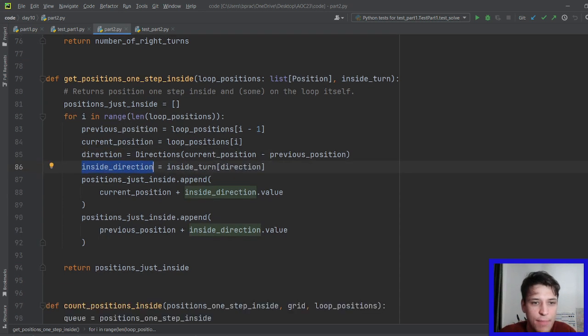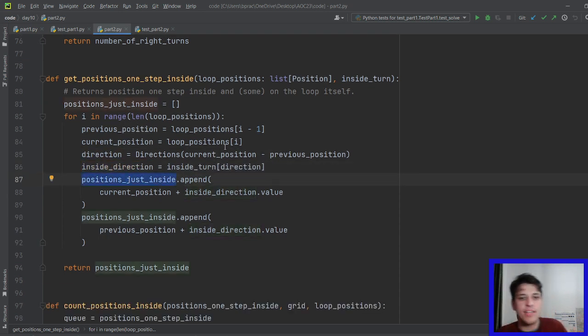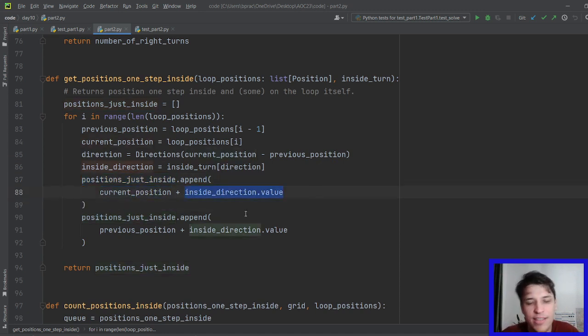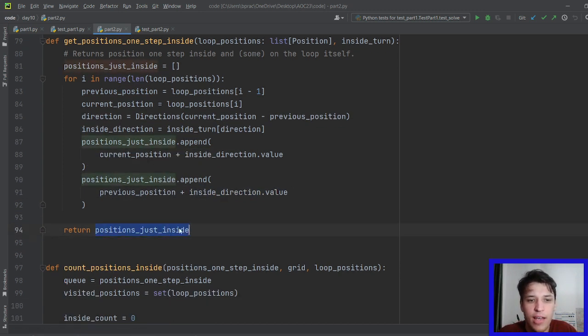Then we append two new positions to this list: one is the current position plus the value of the inside direction, and the other is the previous position plus the value of the inside direction. Then we return this list, and in our solution we use this list of positions just one step inside to find all the positions inside.